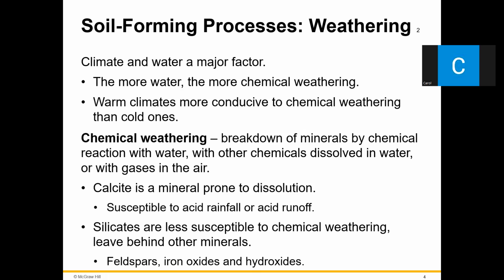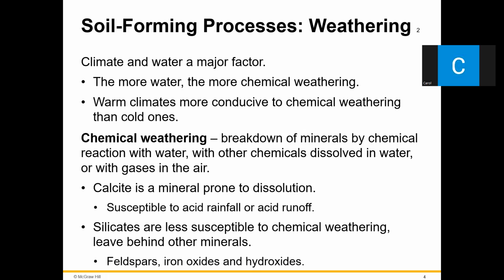So if you think of our karst with the limestone dissolving, it dissolves so much faster if you get a little bit of acid rain in there. Acid is lower pH.